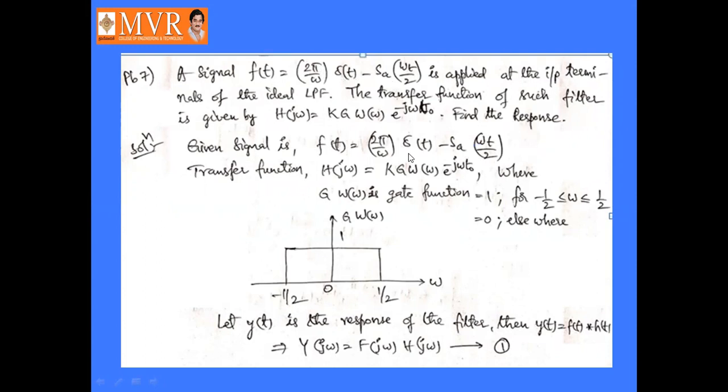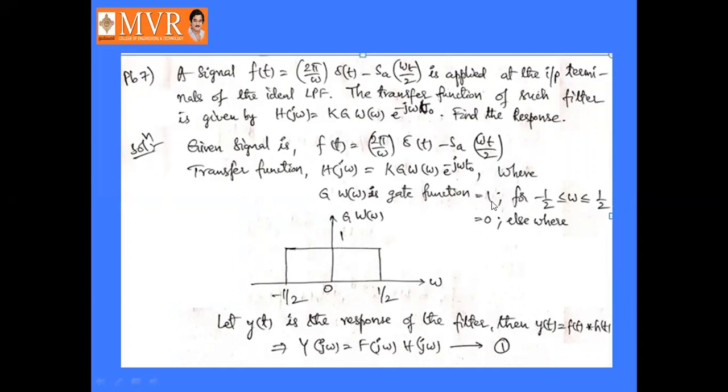So the given signal is f of t equal to this one, and the transfer function H of j omega equal to K into g into w of omega into e power minus j omega t naught, where g into w of omega is a gate function. It is expressed like this.